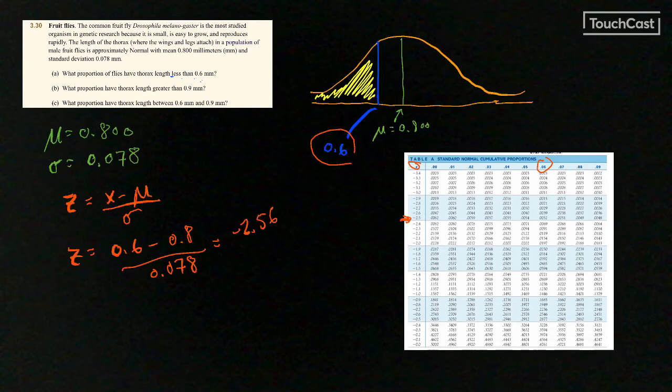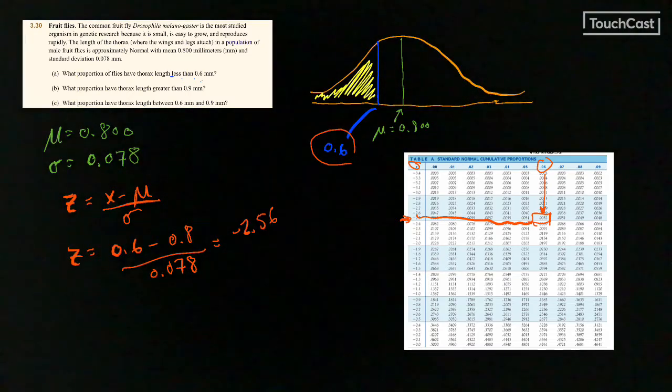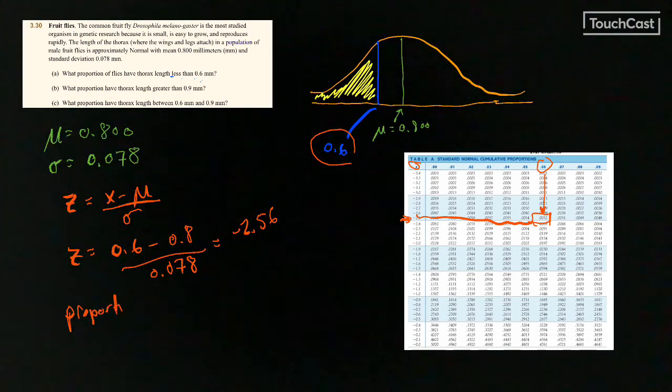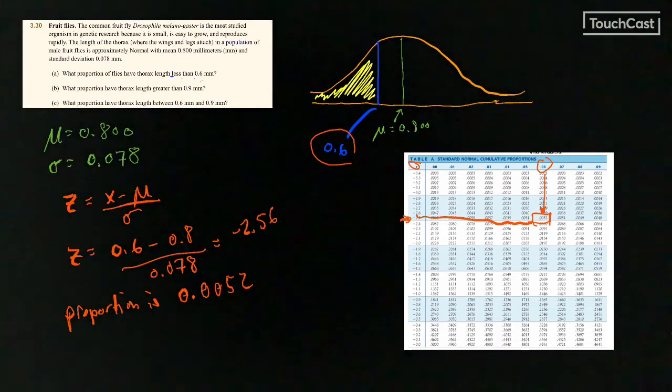Where these two intersect is my proportion, which is 0.0052, or otherwise known as 0.52%.